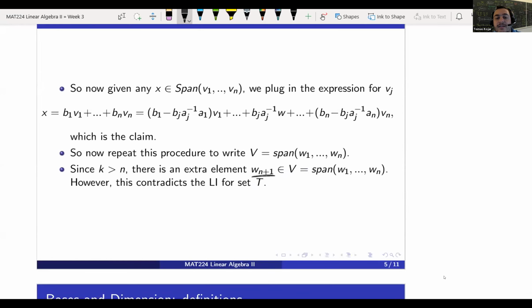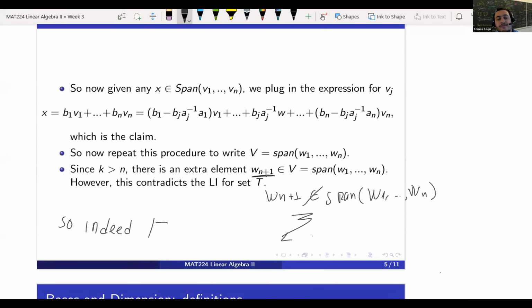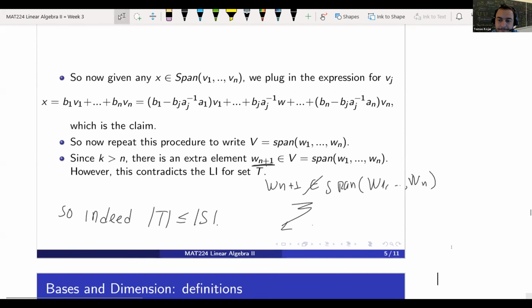So it means that Wn plus 1 by definition is not in the span of any of the other vectors. So that's the contradiction. So indeed, the size of T will be less than or equal to the size of S. Perfect.